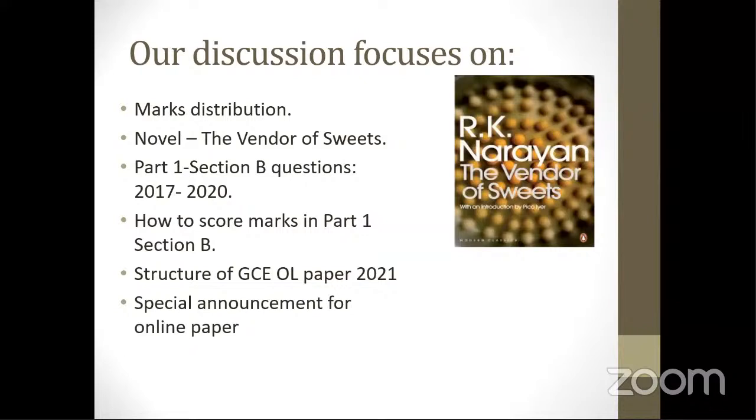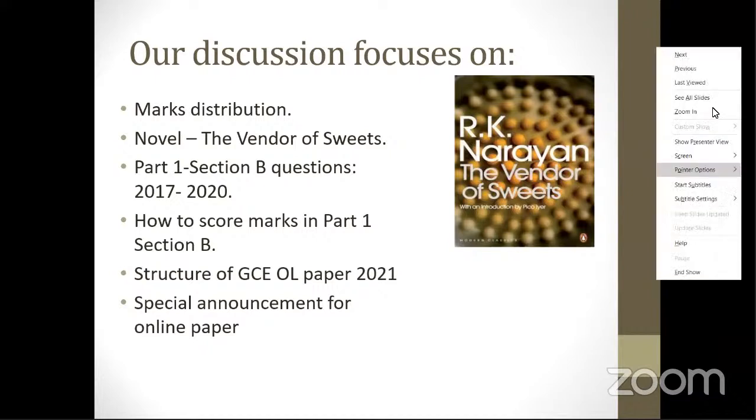I hope to focus on 2017 to 2020 because you have already discussed the first part of the 2020 paper, and how we can score marks in part 1, section B. Also, we are moving to a new structure for the GCE O-level examination from this year. I will focus and draw your attention to that as well. Also, a special announcement for the online paper today.